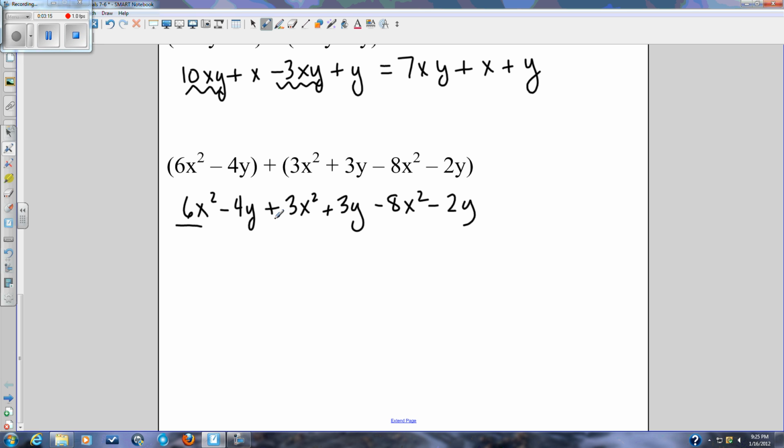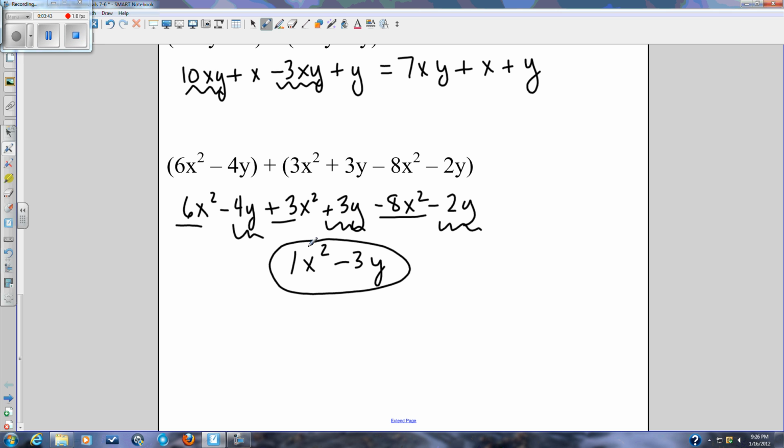So we've got 6x squared plus 3x squared minus 8x squared. 6 plus 3 is 9. 9 minus 8 gives us 1, so we have 1x squared. And then we have the y term. So we have negative 4 plus 3 minus 2y here. So negative 4 plus 3 is negative 1, minus 2 gives us negative 3. So we have 1x squared minus 3y. You don't have to keep the 1 in front if you don't want to.